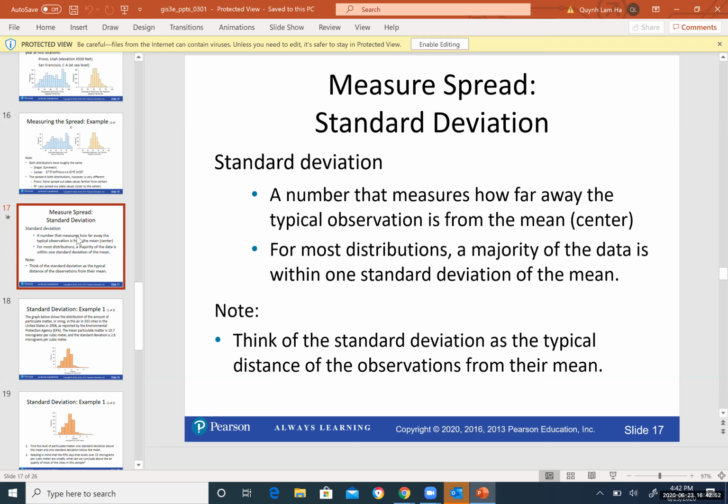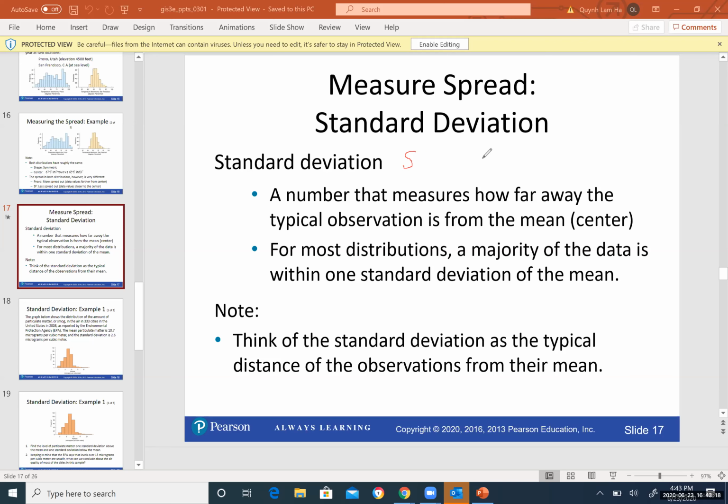Standard deviation, what is it actually? Here you have two symbols. If you're talking about a small group, the standard deviation is represented by small s. This is the sample standard deviation.